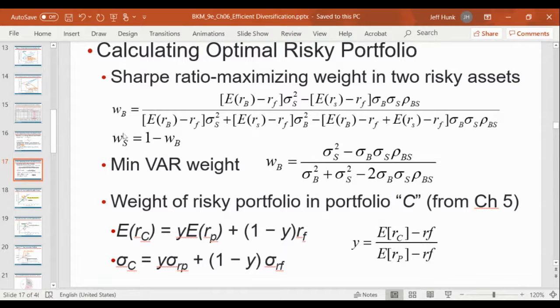The weight of bond will be like this, then the weight of the stock will be 1 minus the weight of bond. It's basically this structure simply adjusted by risk premium.